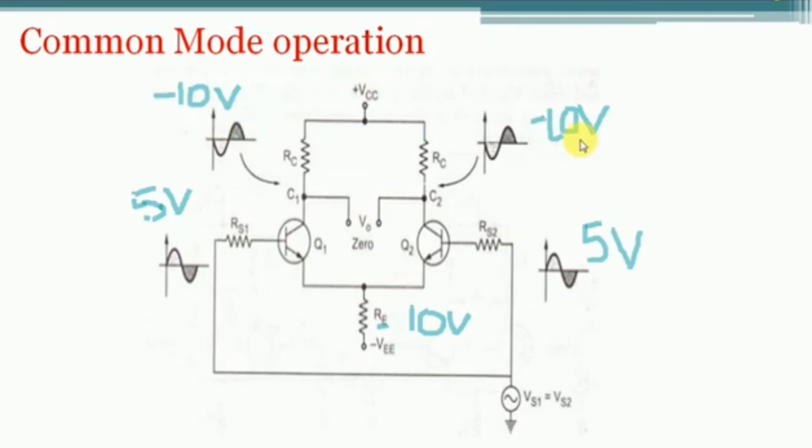Thus, in the common mode operation, the output voltage is almost 0. Negligibly we can say that it is 0, but practically some output voltage will be present. This is how the common mode signal will be rejected in the differential amplifier circuit.